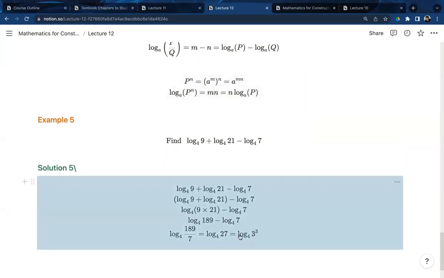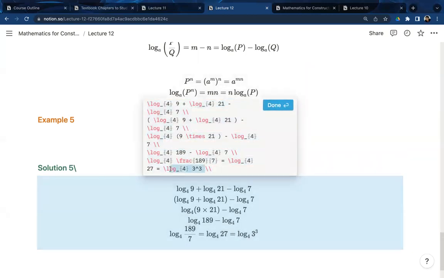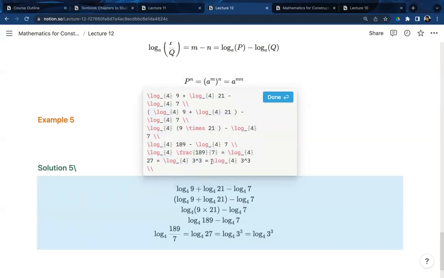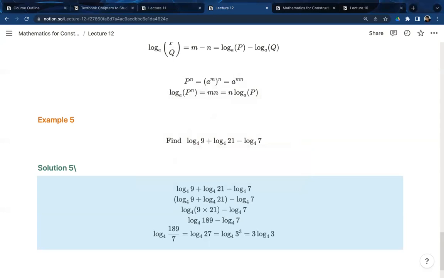So this 3 can come in front here. So this is 3 times log 4 of 3. That's the simple answer. This is a better way of writing the answer than log 4 of 27, because 27 is something to a power.